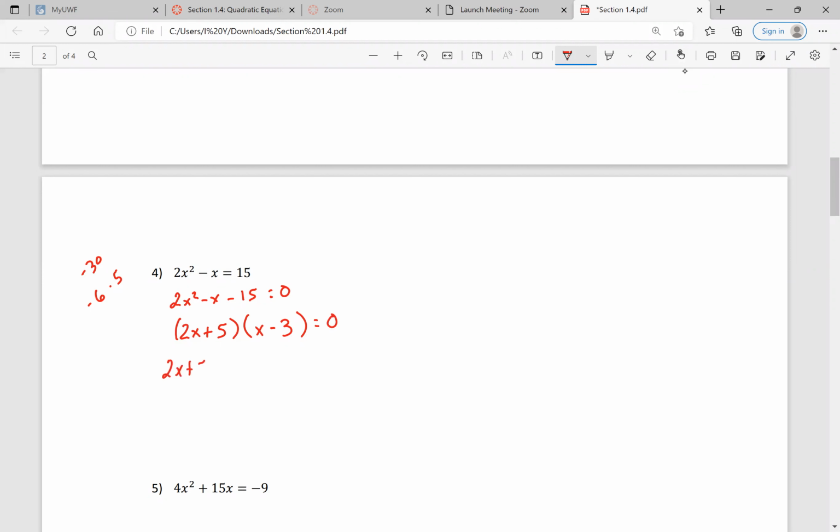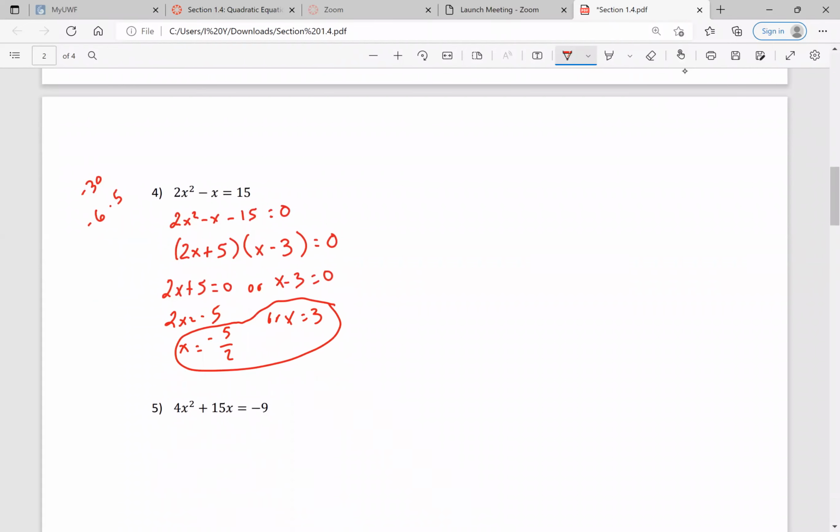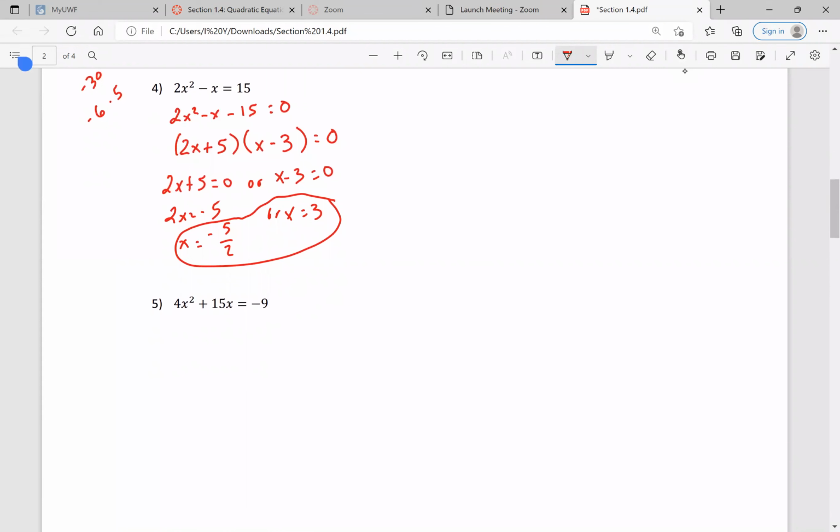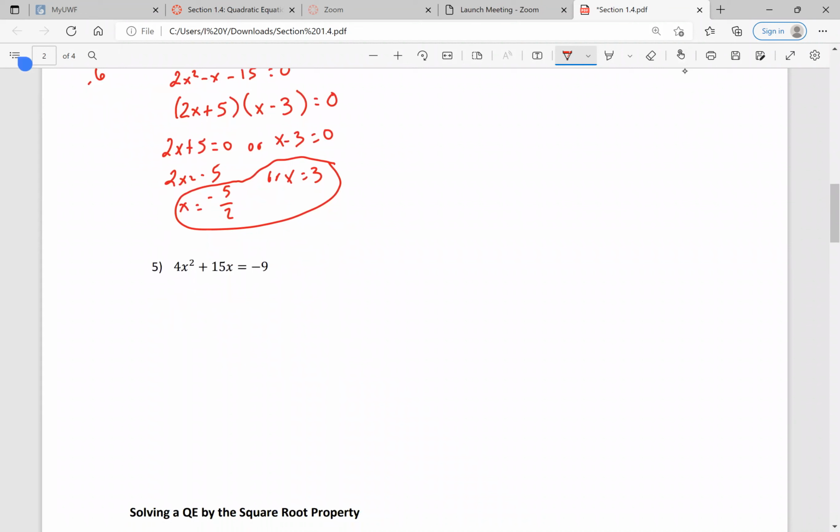So 2x plus 5 equals 0, or x minus 3 equals 0. 2x equals -5, x equals -5 halves, or x equals 3. That gets a little more complex when we have a number other than 1. We'll look at that in another set of problems as well.